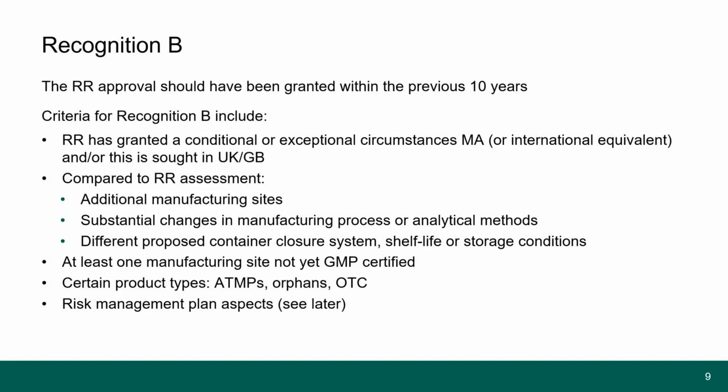Recognition B will apply if at least one manufacturing site does not have GMP certification at the time of submission, and it also applies for certain product types, including ATMPs, orphan drugs, and over-the-counter products. And also there are some aspects of the risk management plan which should make a product recognition B, and I'll touch on this next.